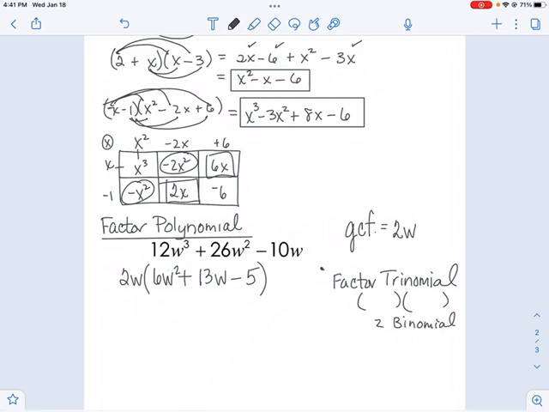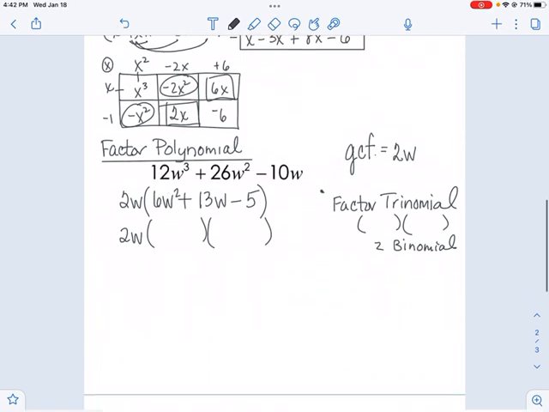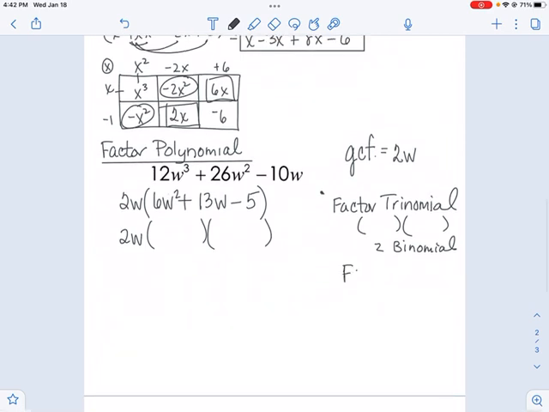Now, the way I do it, when 5 is prime, there are only a few possibilities. The first term is 6w squared. The last term is going to give you a -5.